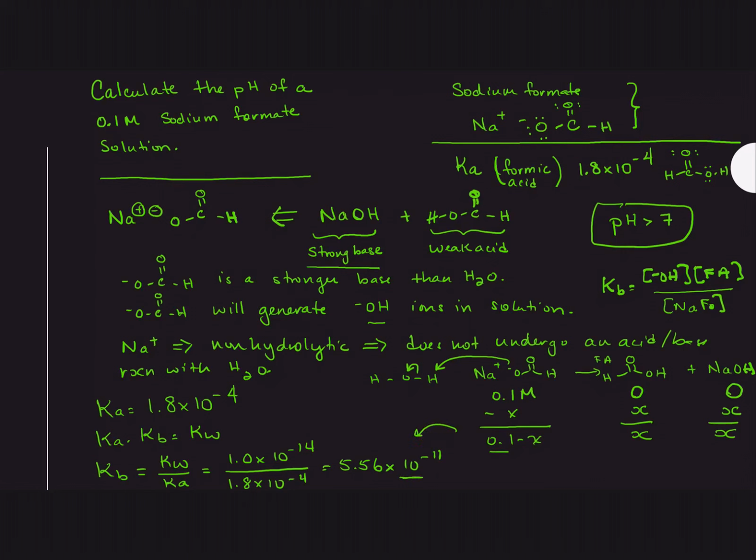We have a very large difference between the concentration and the Kb value. Therefore, given it's at least 1,000 times difference, I'm going to assume this value is approximately 0.1. In other words, the amount of dissociation for sodium formate will be negligible, given the very small Kb value compared to the concentration. It's 10 to the 10 times different. Therefore, we can assume negligible dissociation.